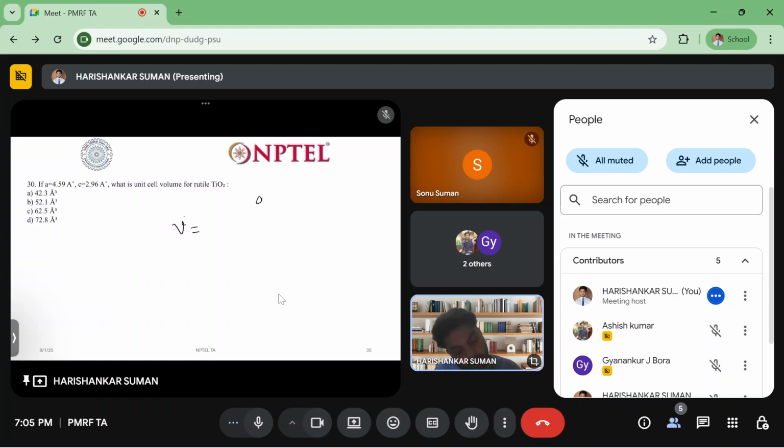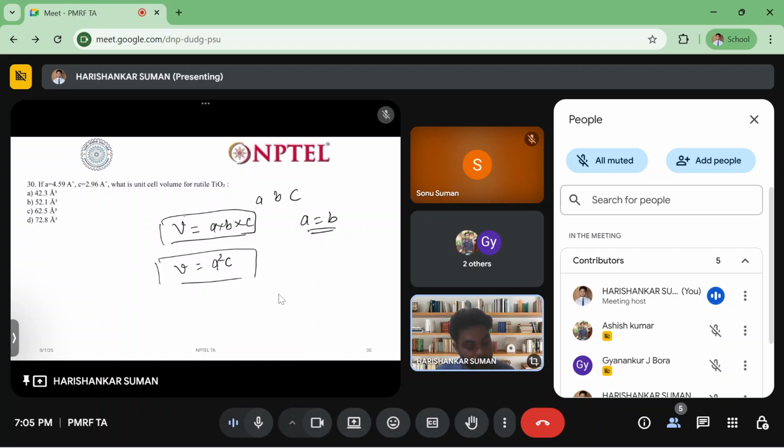So we have a, b, c, then the volume will be this, and we know a equals b for tetragonal TiO2. So volume will be a squared times c. Please calculate this. You can take 2 to 5 minutes for this question, but solve it and choose your option.